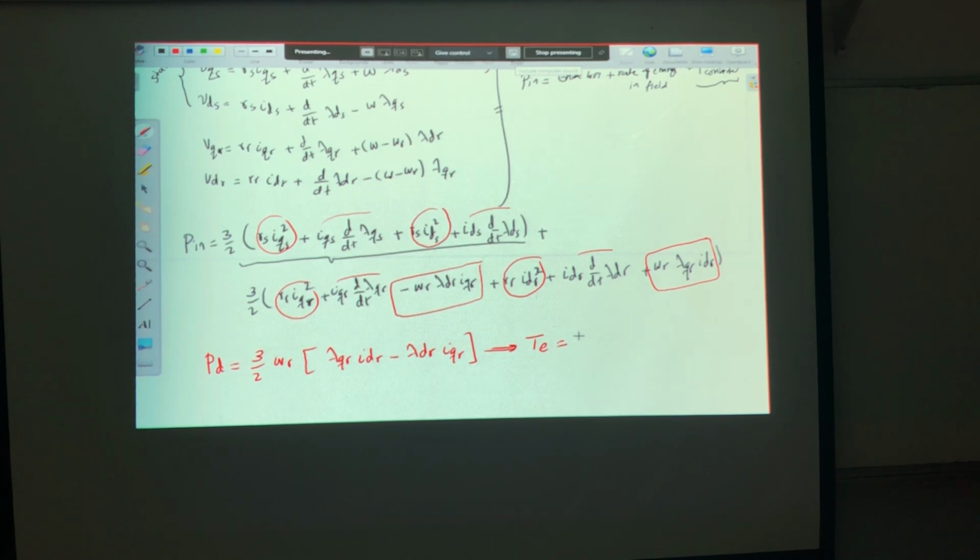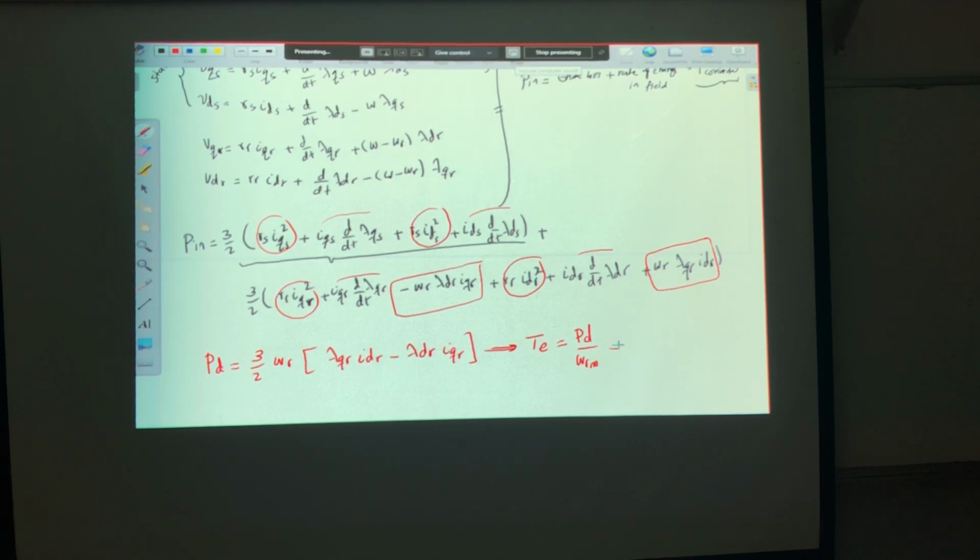Now from here, can I calculate the developed torque? Yes, which will equal what? The same phenomenon: the power developed over omega r mechanical. This is electrical omega r. Omega r mechanical, P over 2. There's the P over 2, the relation between the electrical speed and the mechanical speed. So this will be omega r mechanical.